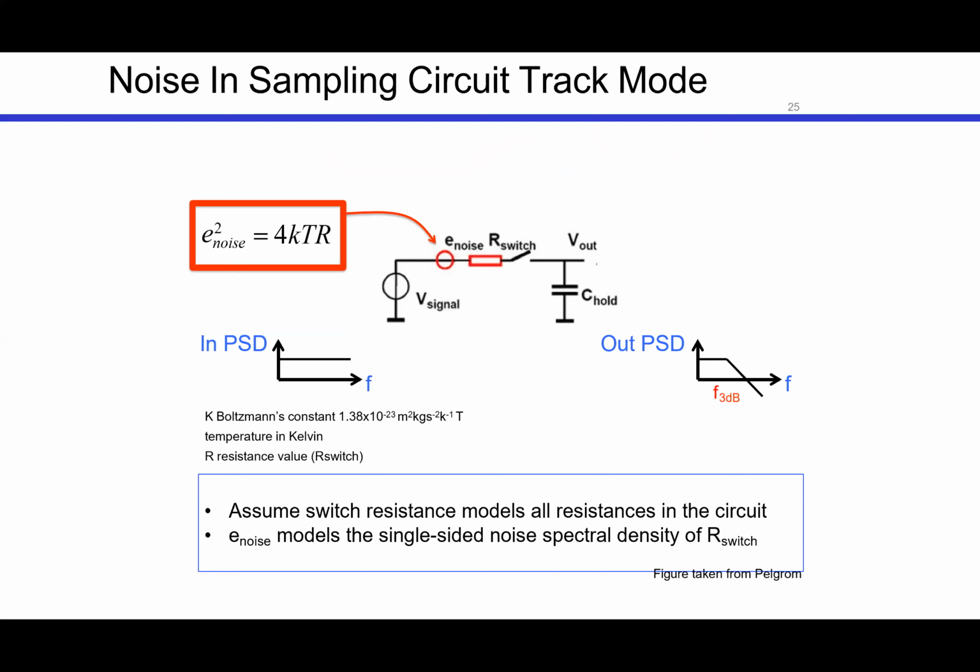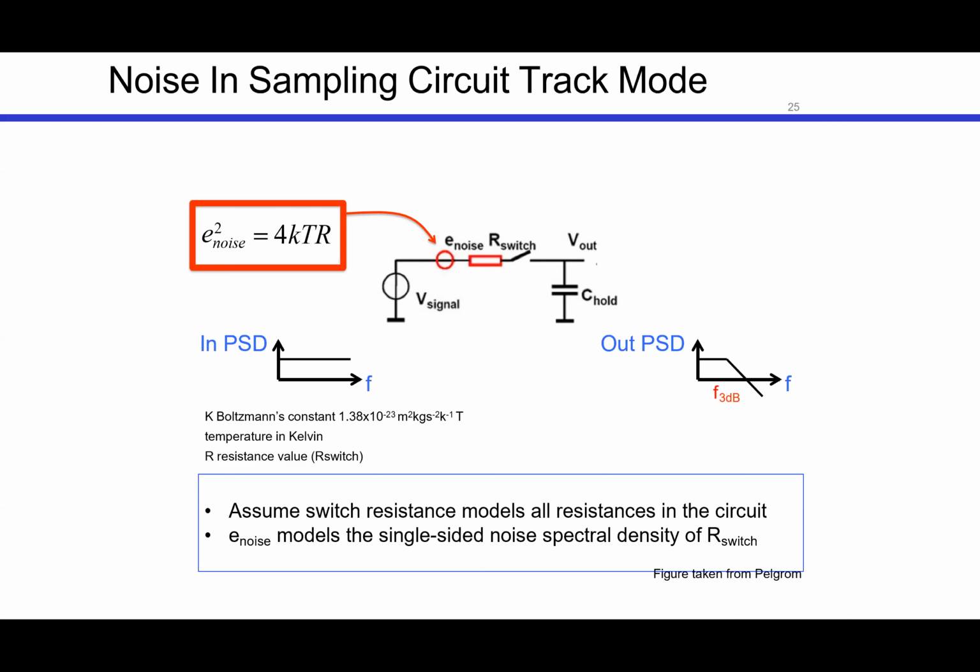So basically this noise is coming from the switch on resistance, because it's a MOSFET. It has an on resistance when it is operating in the linear region, and it operates in the linear region when it is acting as a switch. If you remember, it operates in the saturation region when we want it to act as an amplifier. When we want it to operate as a switch, we operate it in the linear region.